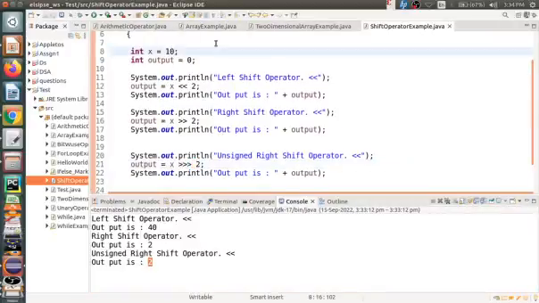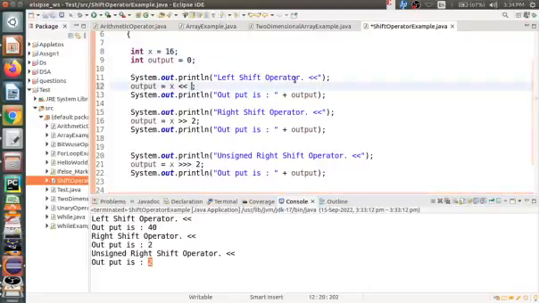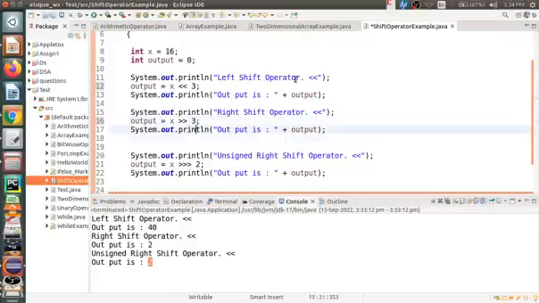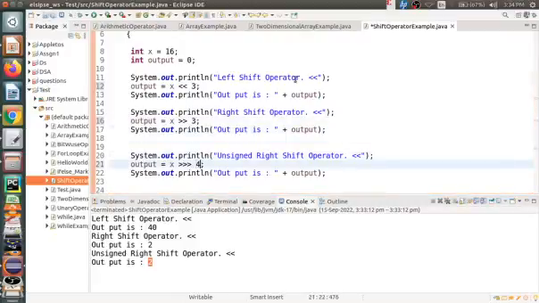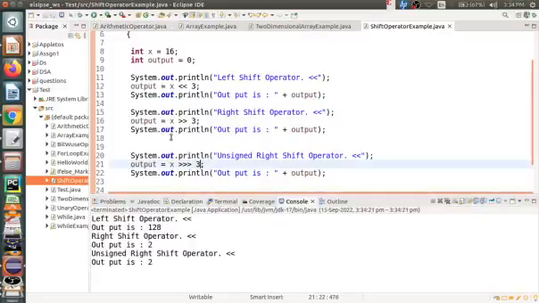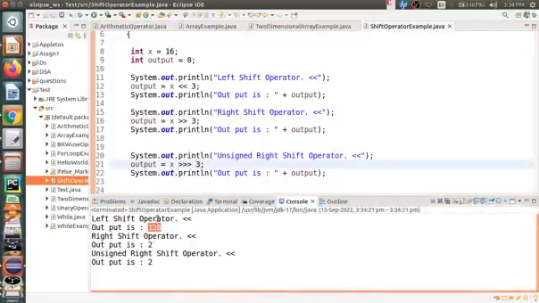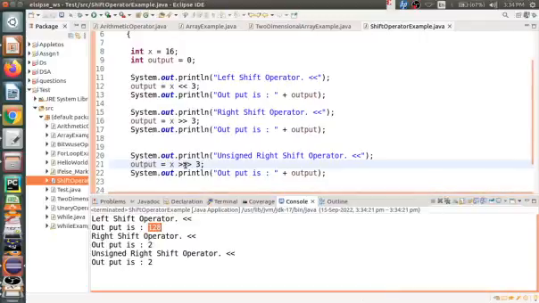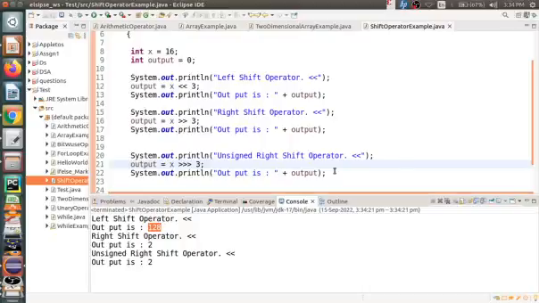You can take more examples, like 10 shifted 3 times, and the value will be 128. So this is our shift operator on integer values.